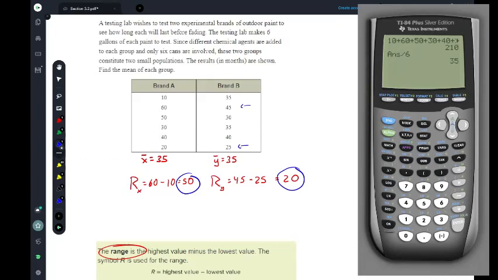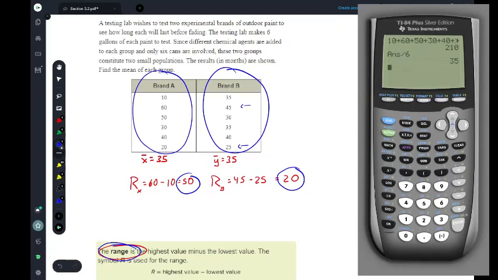So, what do we say? My variation in brand A is much larger than my variation in brand B in terms of this measurement called range. Okay?